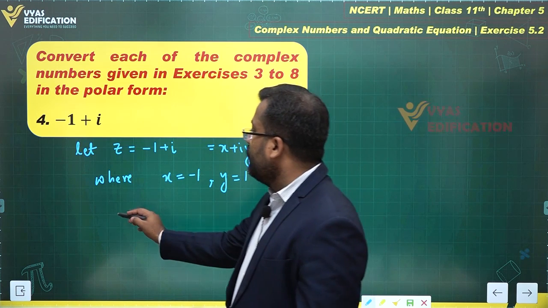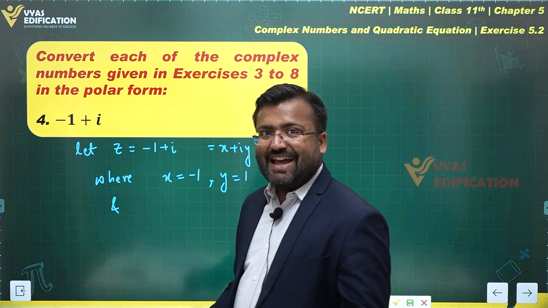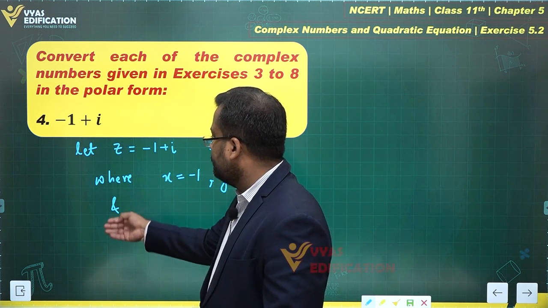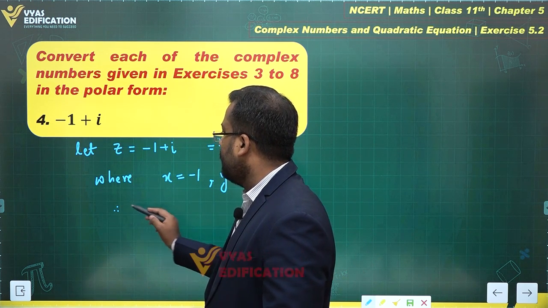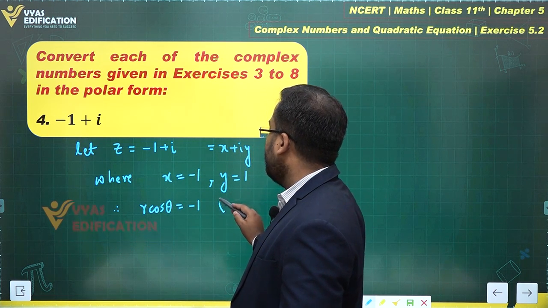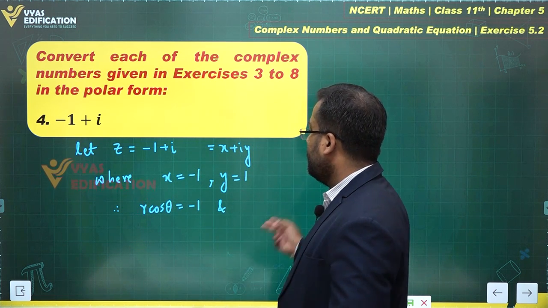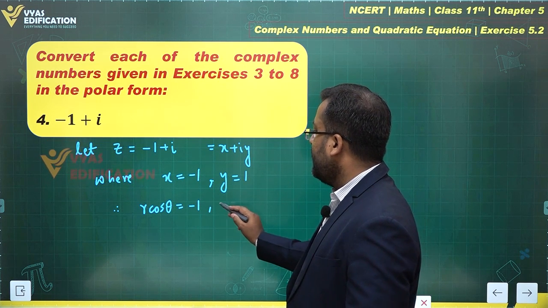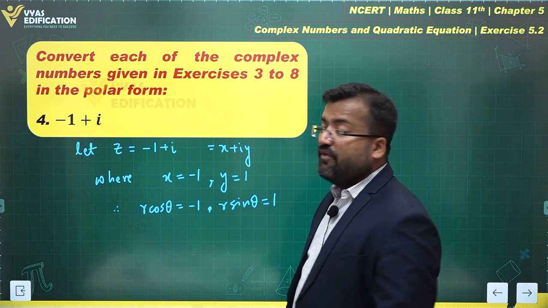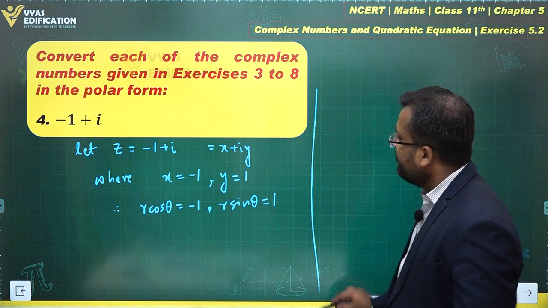And we also know that x equals r cos theta. Therefore r cos theta equals minus 1 and r sin theta equals 1. We can find the value of r easily.